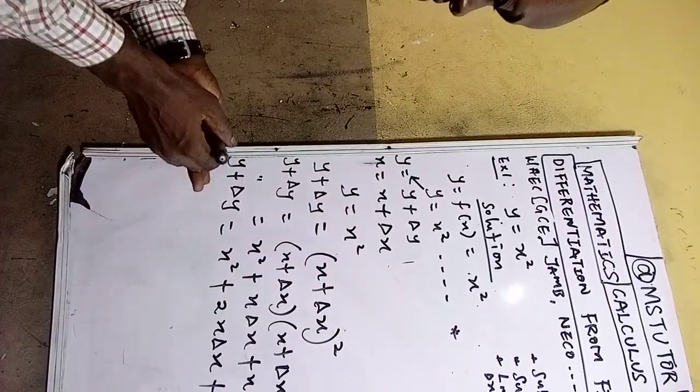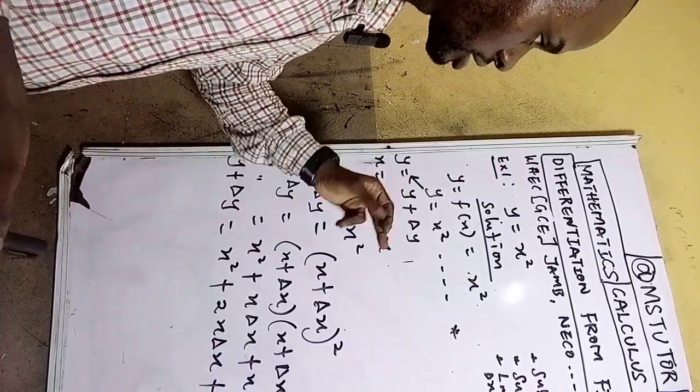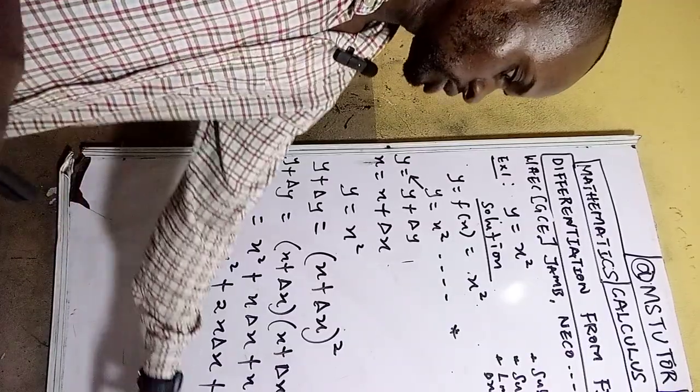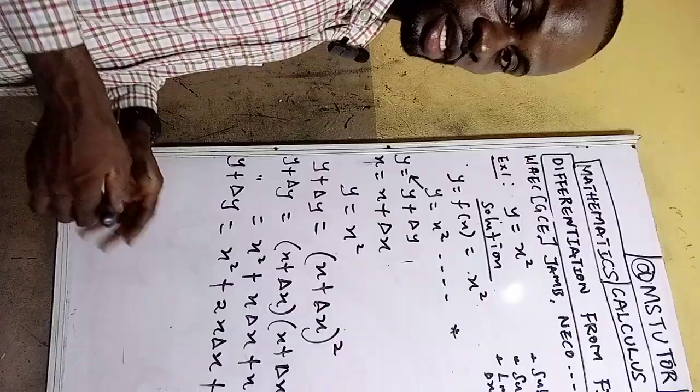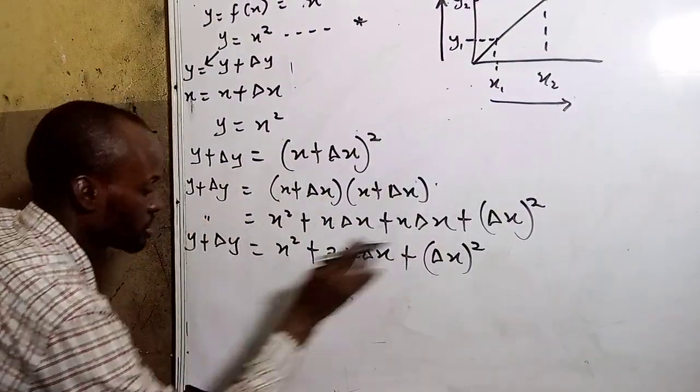So now the next thing to do, after this, is a subtraction step. So y can come to this side. So we have the y left on this side here. When this y comes to this side, what do you have on this side?